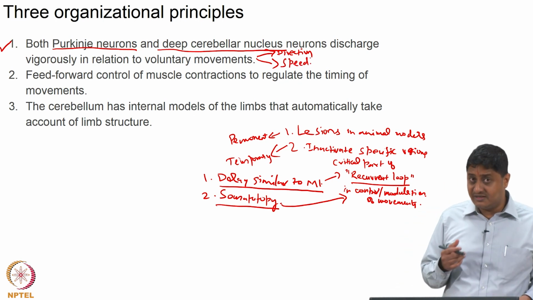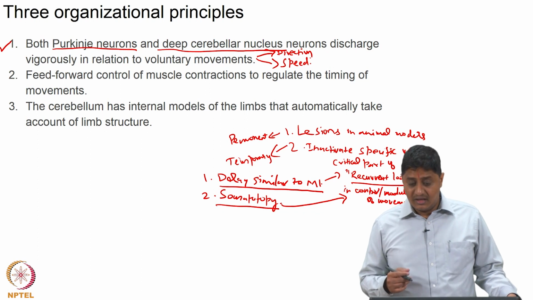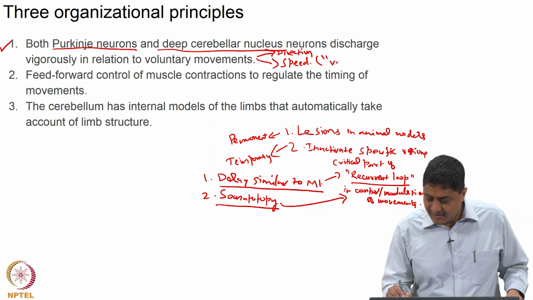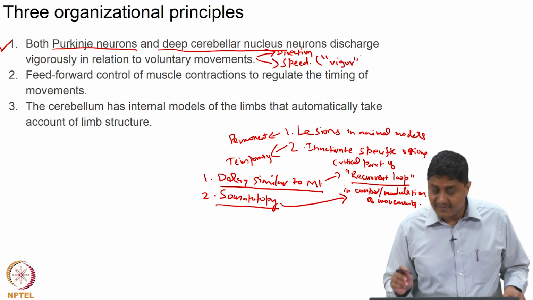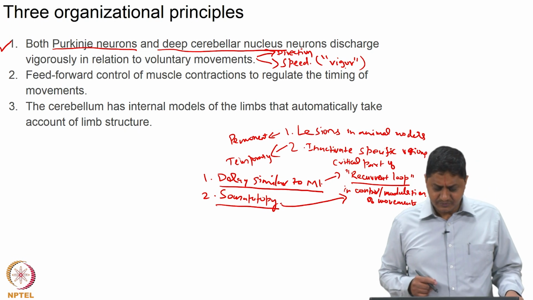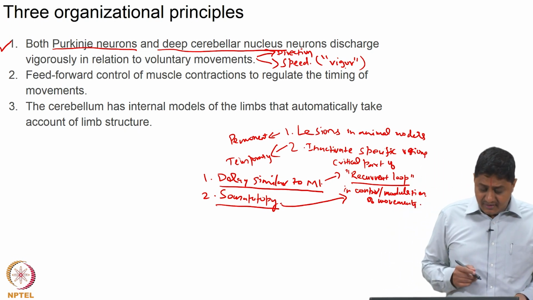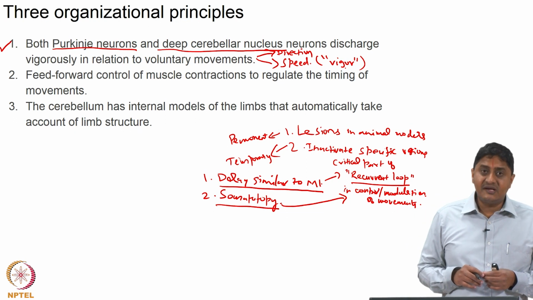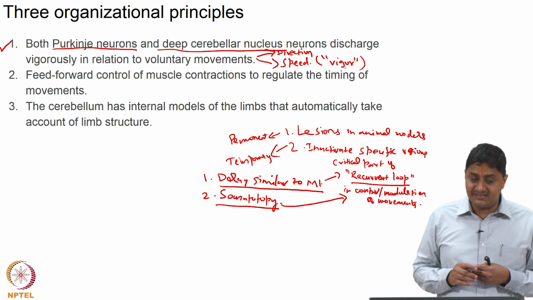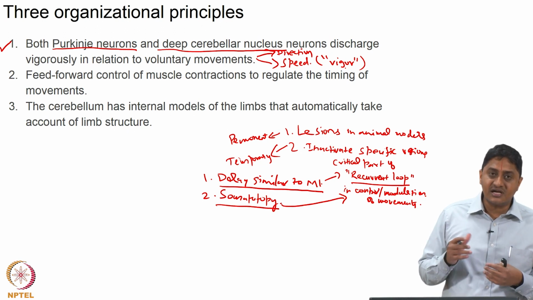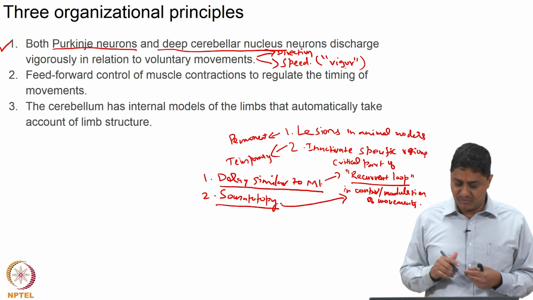So, when you say speed, we are talking about some form of movement vigor, right, how fast you can move. That is one. The second important lesson that we have learned is that the cerebellum anticipates the movement and the contractions that are required to perform the movement.